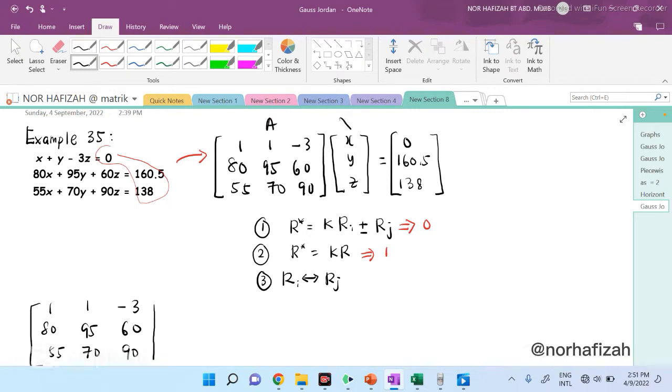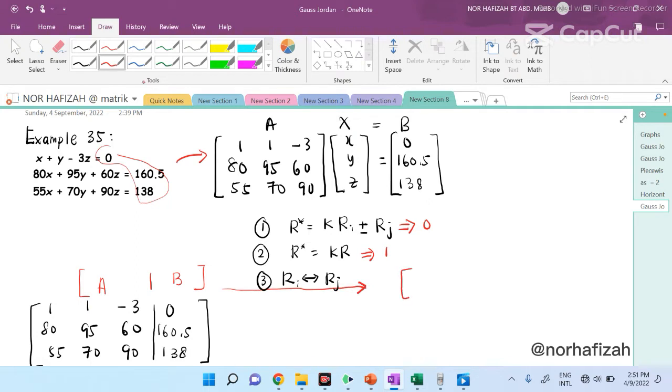Let's say this is A, x equals B, so you write B: 0, 160.5, and then 138. Our target is to change this form. This is matrix A, and next to it is matrix B. We are going to change A to the identity matrix, and next to it is the solution for x, y, z, the final answer.